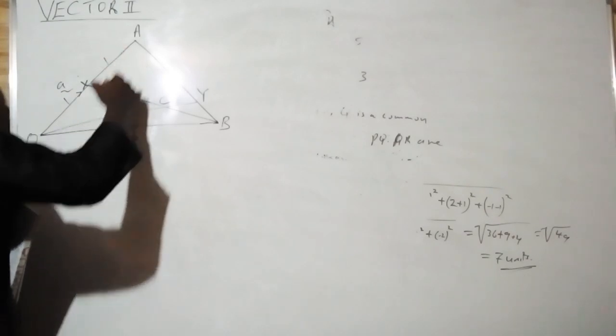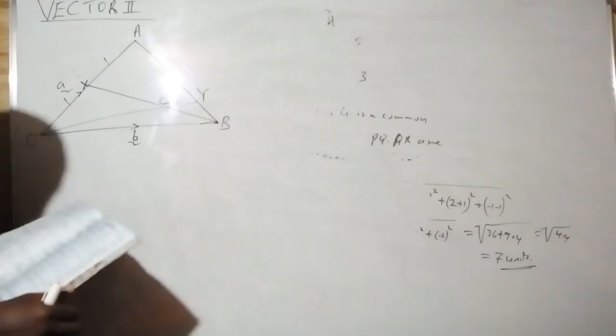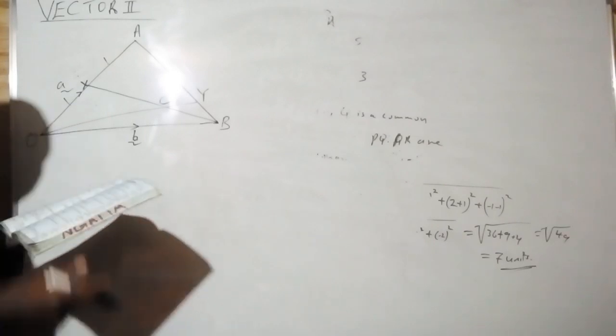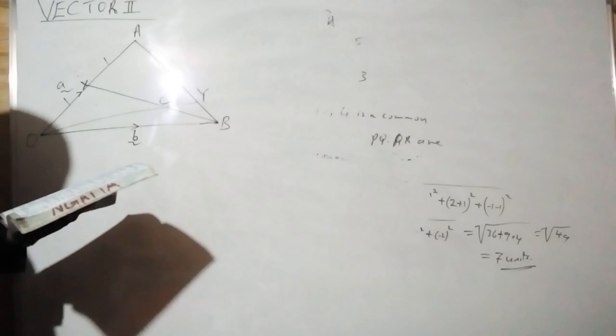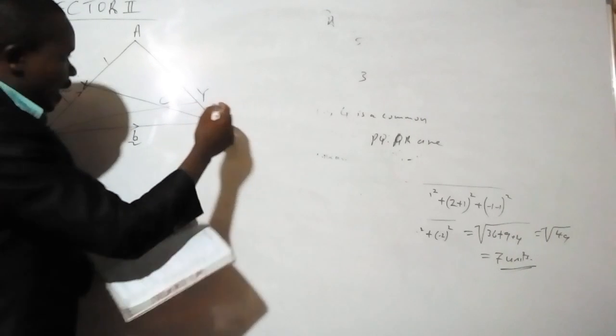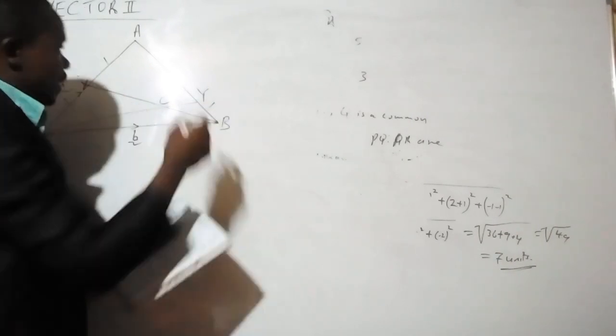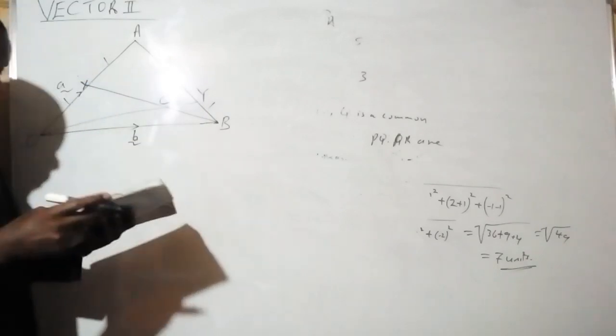So OX is supposed to be equal to XA. Next, BY to YA is 1:3. This is a question that was done in the KCSE year 2020.